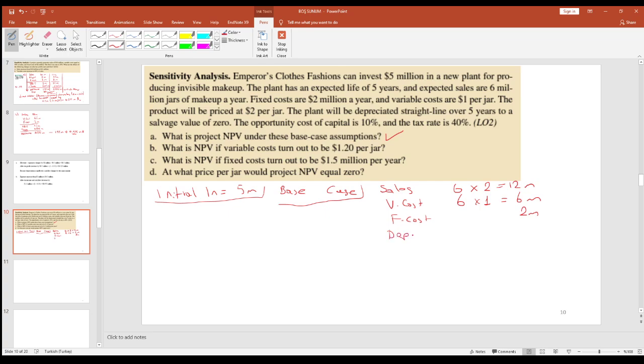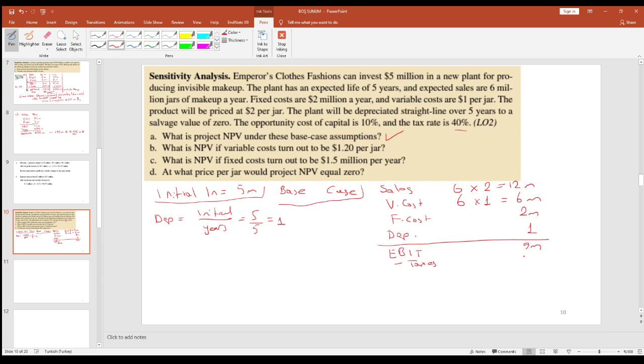Depreciation, we have depreciation. The initial investment is 5 million here, so depreciation will be initial investment divided by number of years, which is 5 divided by 5, and this equals 1 million. So this is earnings before interest and tax. Result will be 3 million. And less taxes, what was the tax rate? It is 40%.